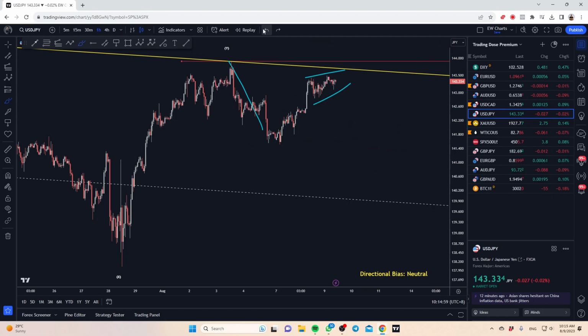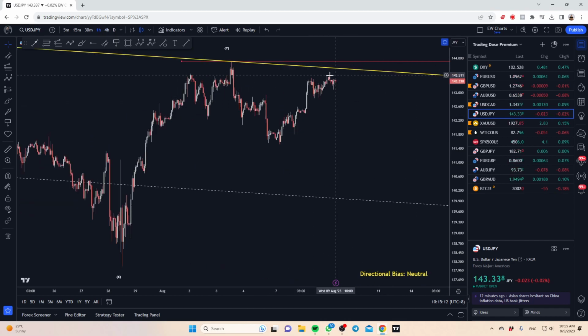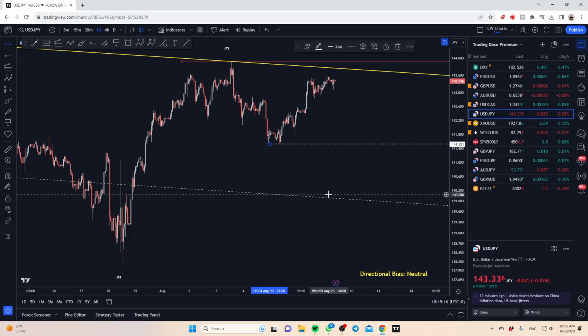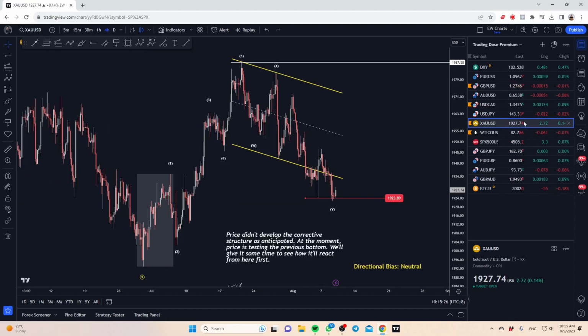So I'm still neutral now, but depending on how the market develops today, we may have an opportunity to sell it in the short run, at least for the lower time frame as I mentioned. If it is a crawl, we can sell it with a potential target back at that low around 141.50. So this one, we need to see how the market is going to develop today, and tomorrow we'll probably have an opportunity over here.